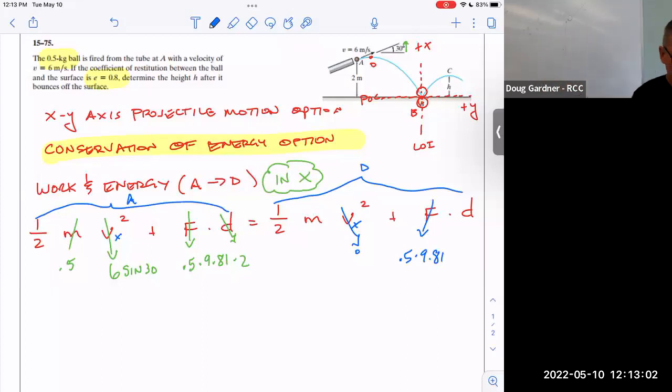So if I type all that other junk on the left side, and notice that velocity is squared, I look down there at 6 sine of 30, and it's easy to forget that that's down there. So see the left side, I got some big number. On the right side, I just need to divide by 0.5 and divide by 9.81. And I've got the distances.